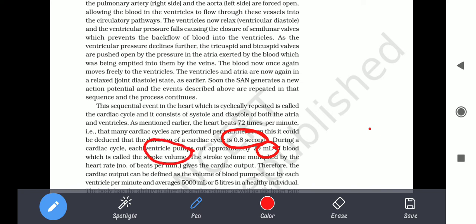Stroke volume multiplied by the heart rate gives the cardiac output. Therefore, cardiac output can be defined as the volume of blood pumped out by the ventricle per minute, which averages about 5 liters in a healthy individual.